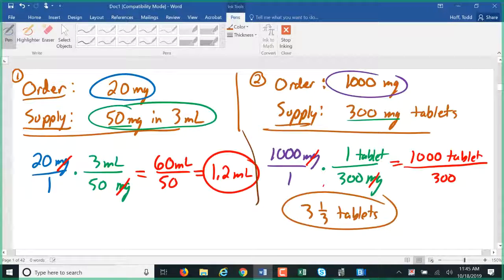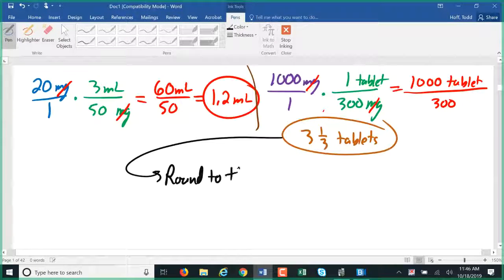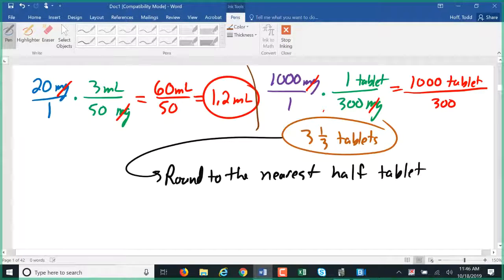Now for right now, if you got to that point, I'm okay with that. But we had mentioned tablets need to be to the nearest half tablet. So our next step would be to round this to the nearest half a tablet. Sometimes it's easier to round if we think of the number line.